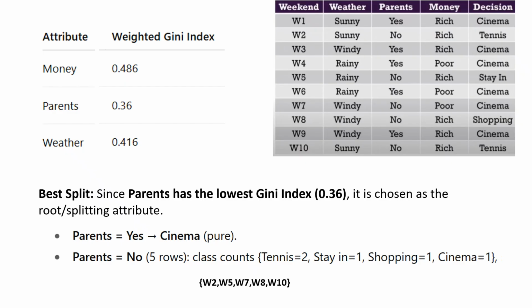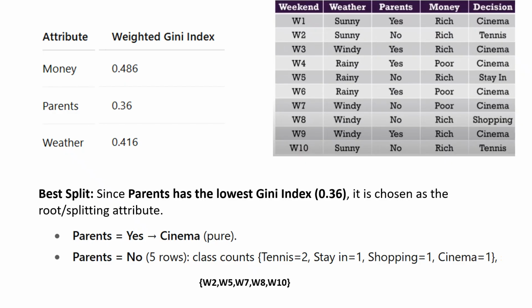So here for the best split, as you already know for the decision tree, we have to minimize the steps, minimize the splitting of the tree. For that we have to choose the correct parent node. If you choose the correct parent node, the splitting will be reduced. If you choose some parent node randomly, that may lead to huge splitting.